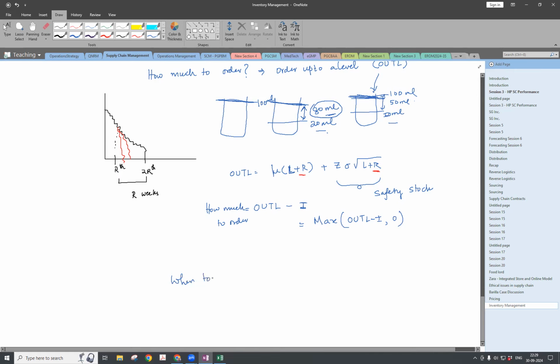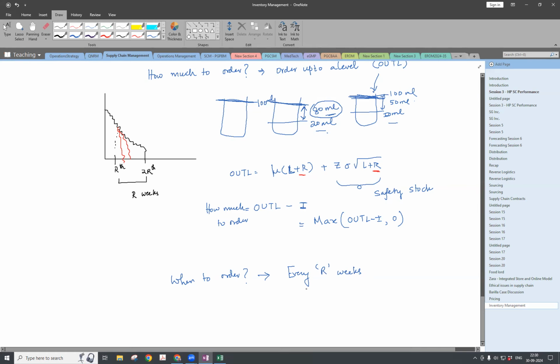Now, when to order, in this particular case, happens to be every R weeks, right? Now, you can say that we need not necessarily order every R weeks, but we are checking our inventory every R weeks. That means even if we are ordering 0, we just say that I ordered in that Rth week, but I ordered 0.